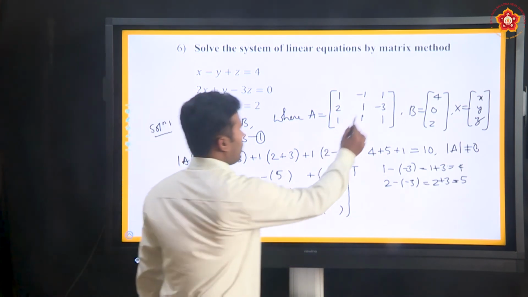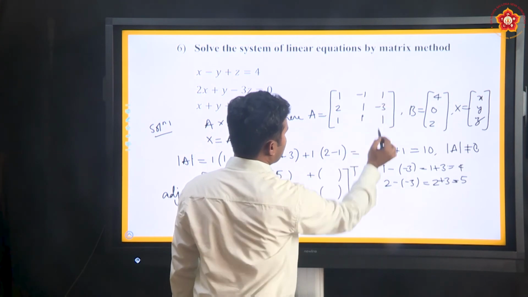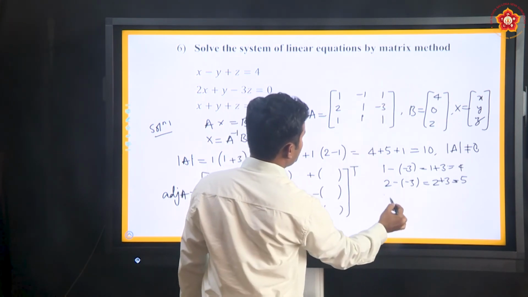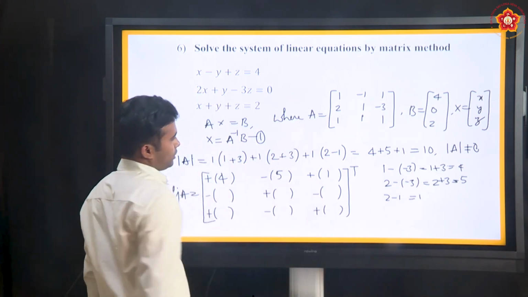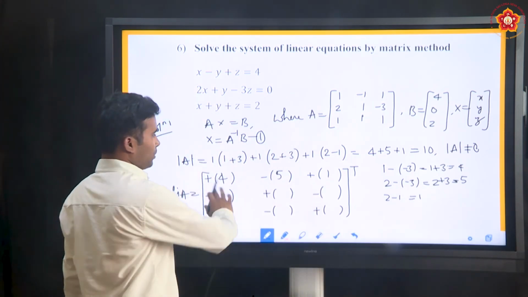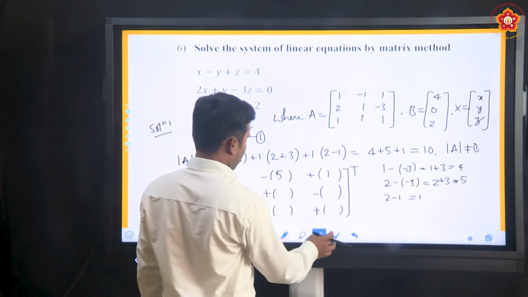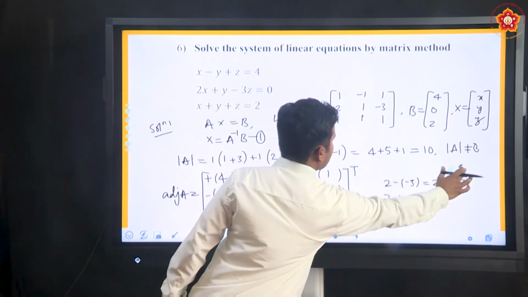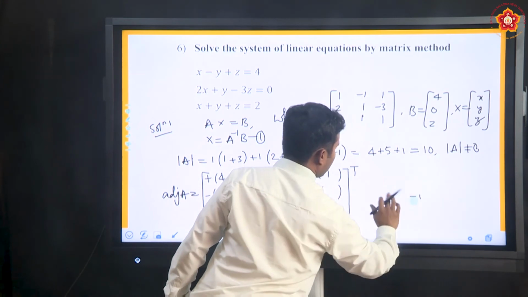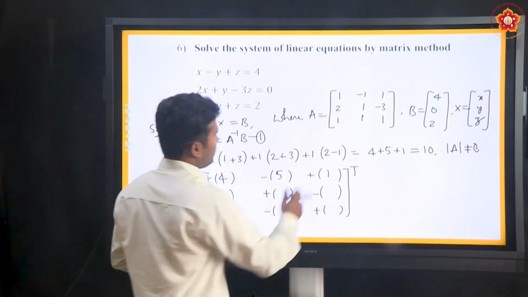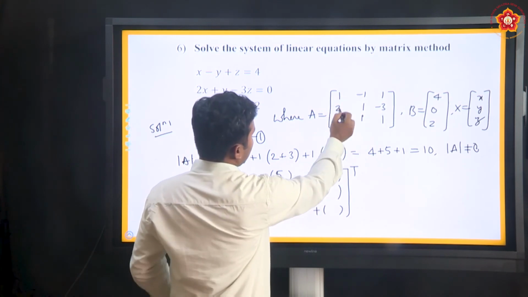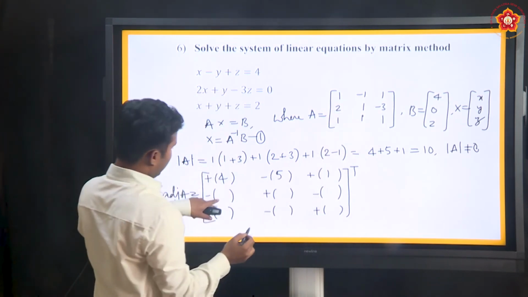Next is this, delete the first row, third column, take the determinant 2 minus 1 1. Okay, this entry is 1. So similarly, now we got the first row of the adjoint matrix. Similarly, you can find the second row as well. How you can find the second row is, similarly you can repeat the same thing. So this entry we have to find.